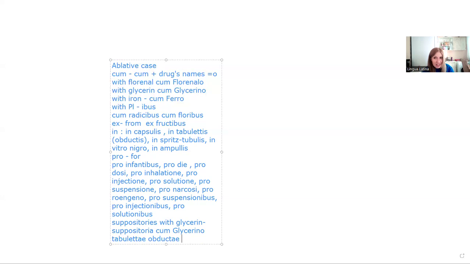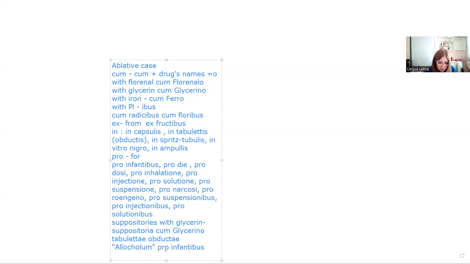By the way, if it was necessary to take them, we would say recipe tabulettas obductas, but here there is no recipe. Then goes the name in inverted commas. Alcohol will be alcoholum. For children, it's pro infantibus, ablative case.